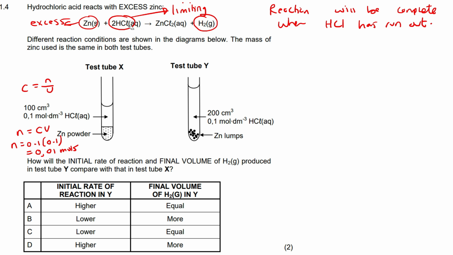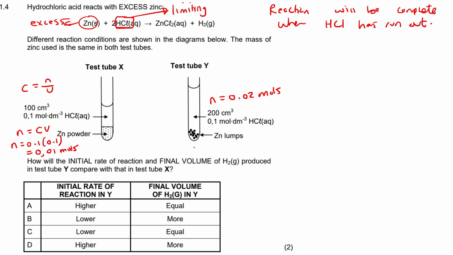So then you would have 0.01 moles of HCl. If you look at the moles over here, it would be exactly double. You can go work it out, but you would get that there would be 0.02 moles. So then can we see that in this scenario, we have more moles of HCl? So from the equation, if we know we have more moles of HCl, the reaction will go on for longer, and that means you will be able to produce more hydrogen gas.